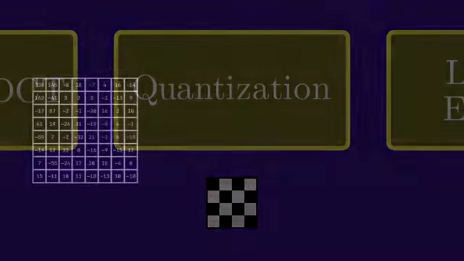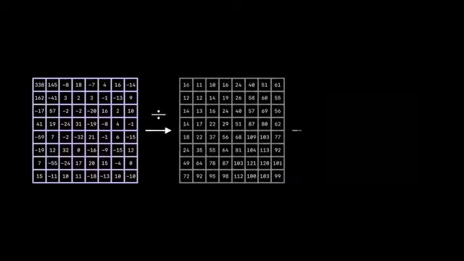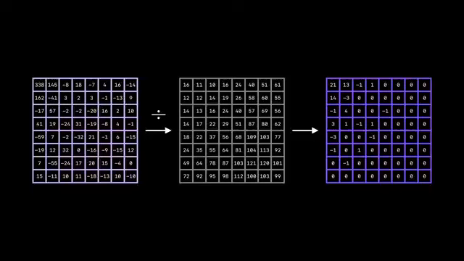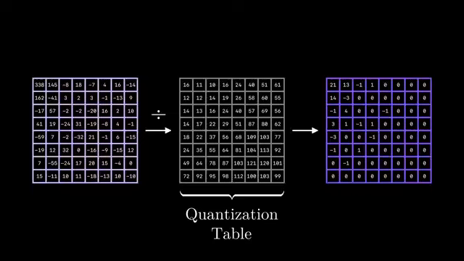Quantization is a simple idea. Given an 8x8 matrix of frequency coefficients from the DCT, what we're going to do is basically divide each element by a scalar value and round it to an integer. These values are defined in terms of a quantization table. Notice larger values in the bottom right of the table leading to 0 values in the higher frequency components.